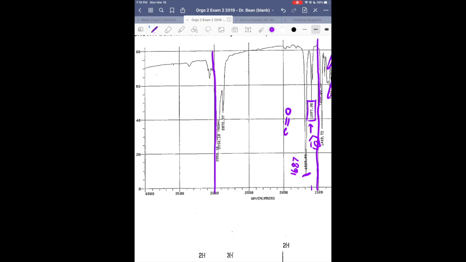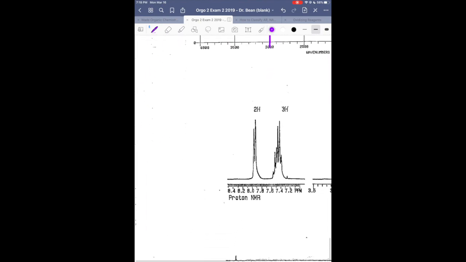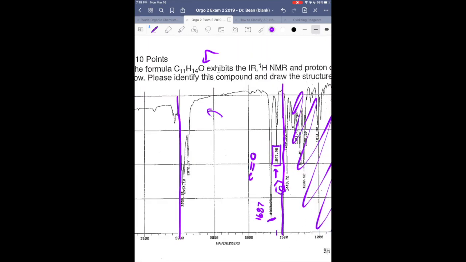to my 3000 region. See if there's anything of importance here. Nothing. Absence of the alcohol, absence of anything indicating an aldehyde here, and that would also show up in our proton NMR. So absence of aldehyde.